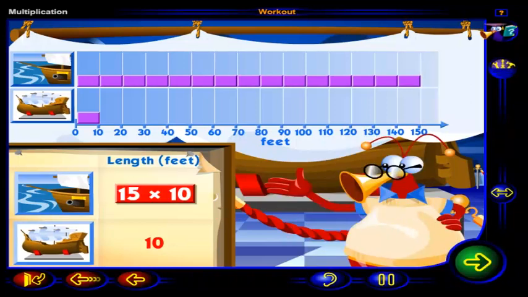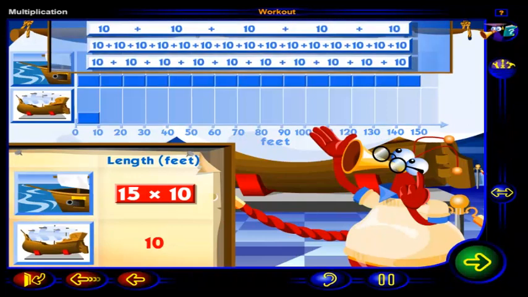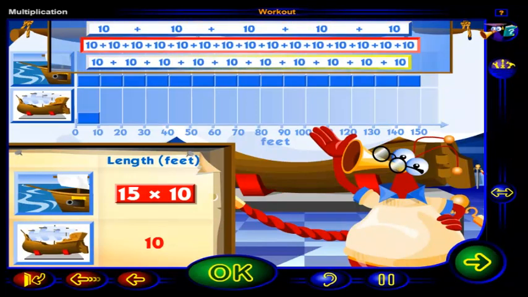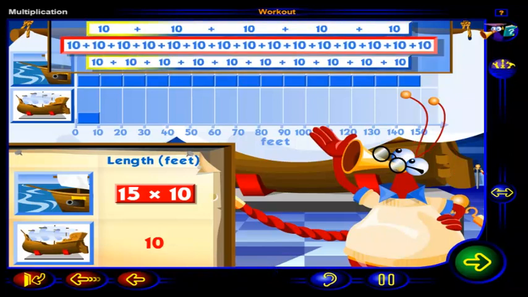This multiplication shows the length in feet of the pirate ship. What other way can you show 15 times 10? Click on your answer, then click OK. That's it.